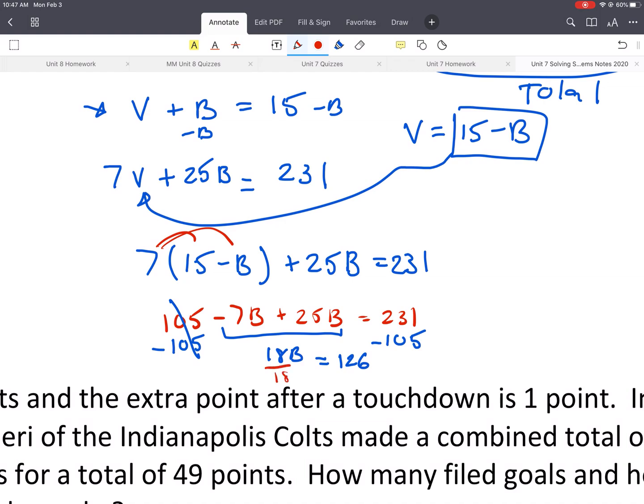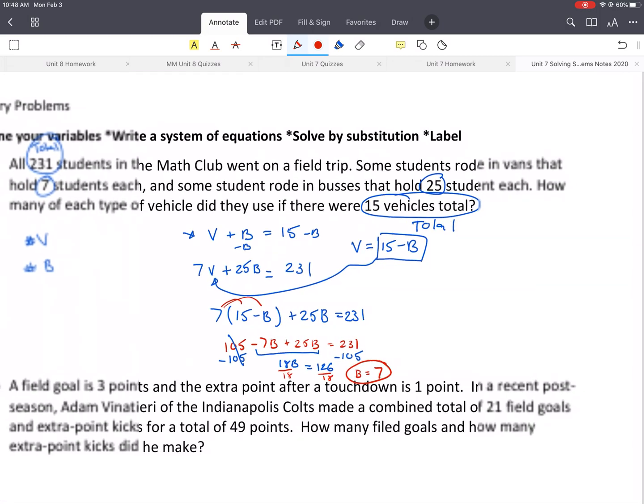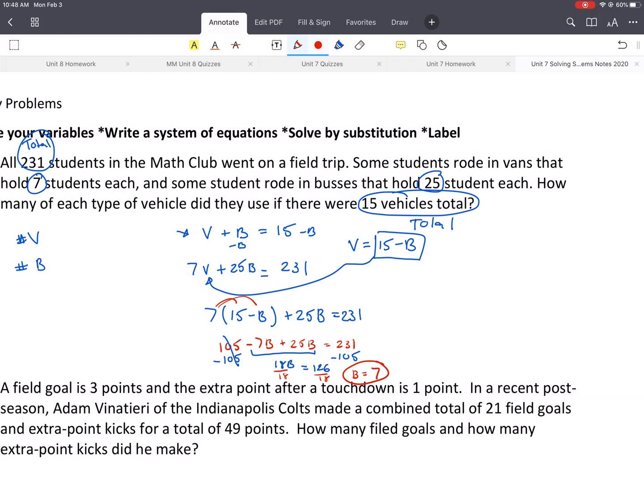We'll divide both sides by 18, and we'll get buses is equal to 7. So there were 7 buses, and then we want to figure out how many vans there are.